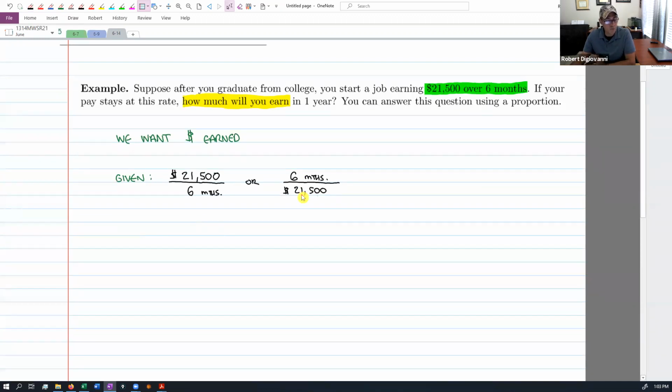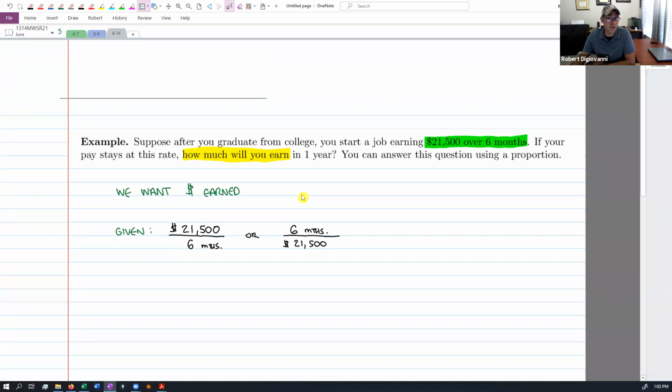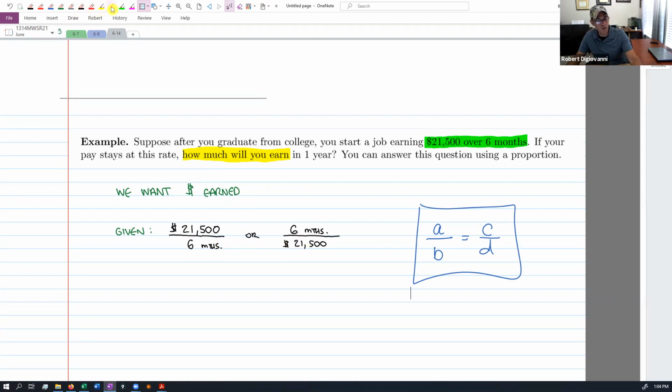Well, because what we're going to do is create a proportion, A over B equals C over D. We're going to create this proportion, and we're going to use one of these 2. We have to determine which one we're going to use. And the key to figuring out which one to use is based upon what it is we're trying to find.